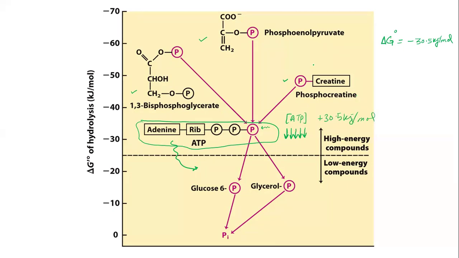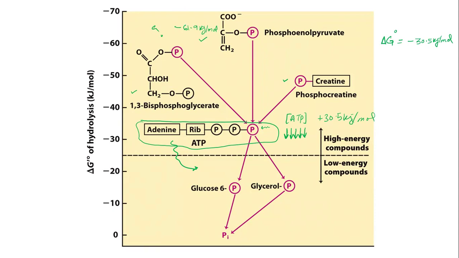But if phosphoenol pyruvate were an energy coupler, once it had provided 61.9 kilojoule per mole of energy to the low energy compounds, its own production would become a challenge for the cell, because the cell does not have any other molecule to provide more than 61.9 kilojoule per mole.